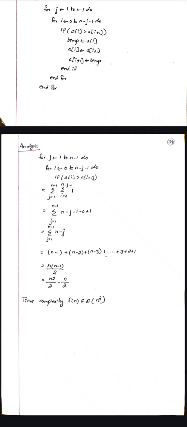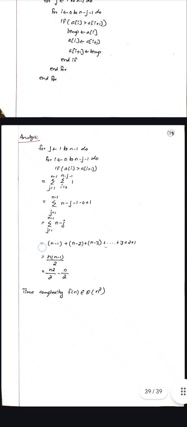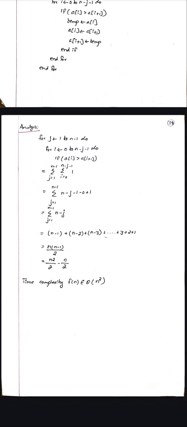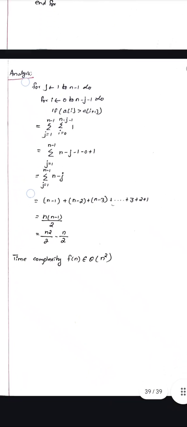That is n into n minus 1 by 2, which is n squared by 2 minus n by 2. The time complexity is a function that belongs to theta of n squared. This completes module 1.